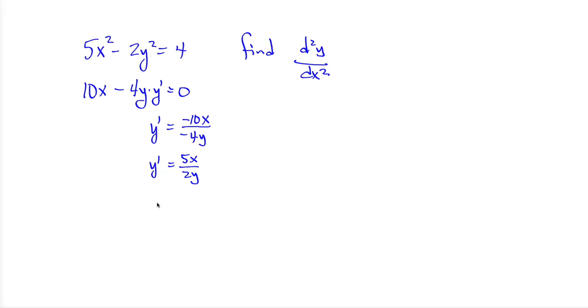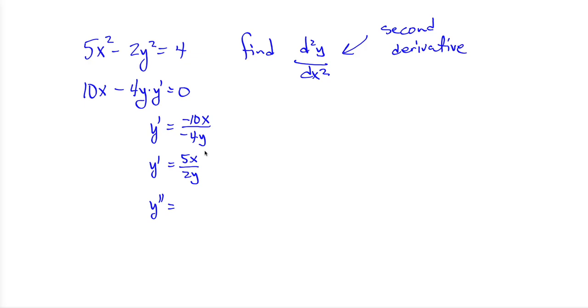That's y prime. I don't even know where I got the 2 from. This specifically means second derivative. So I'm going to be taking the derivative of the first derivative. And it's quite a bit easier if you solve for y prime to do the second derivative.